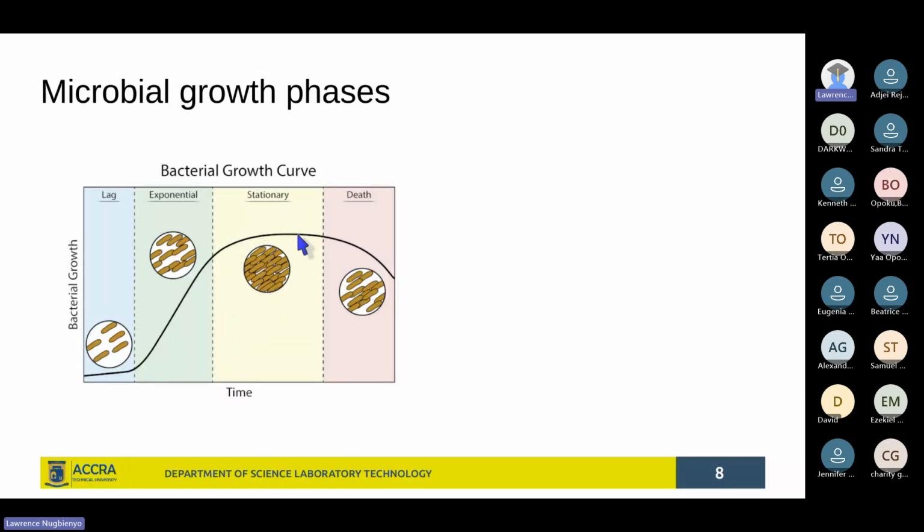And once the stationary phase is over and bacterial death starts, the number of microorganisms begins to reduce at this point.